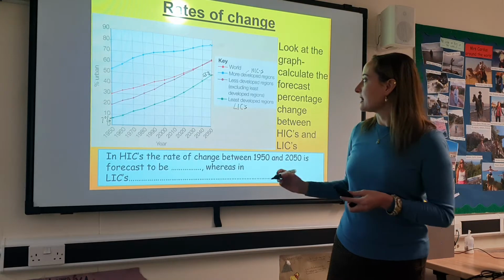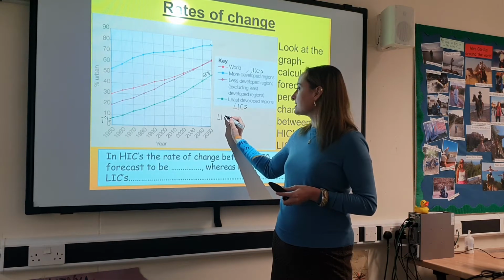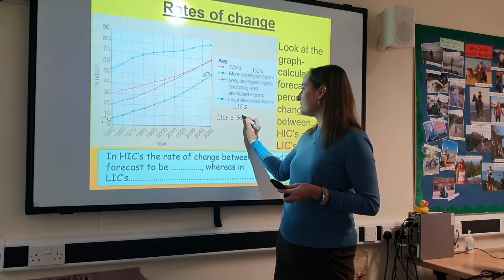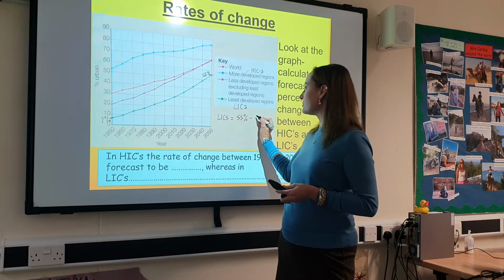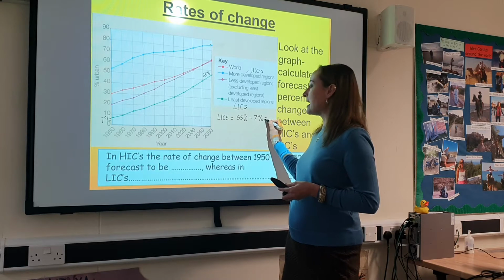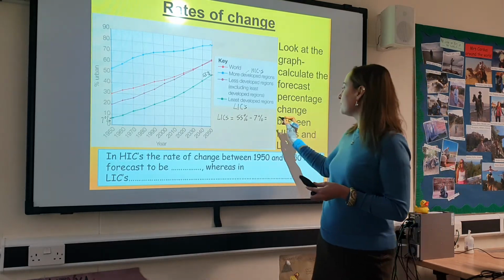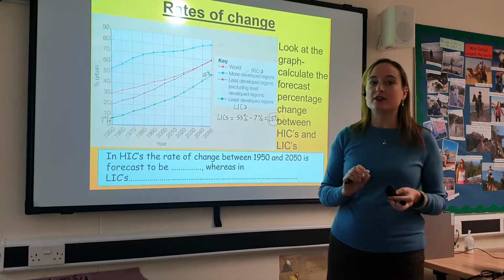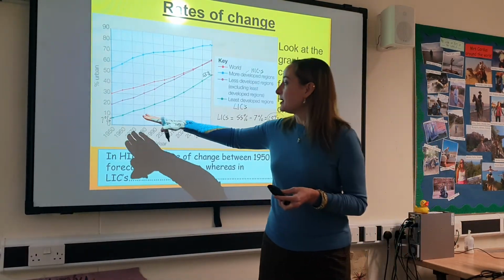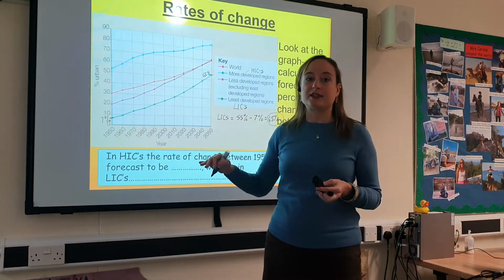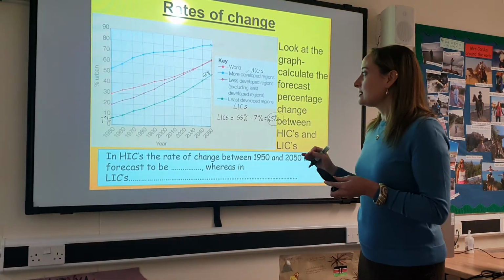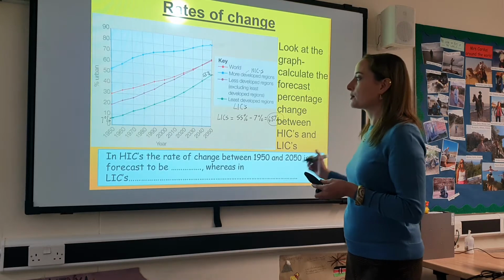So to figure that out, if I just put LICs here, and we say 55%, take away 7%, that should be equal to 48%. So in other words, over 100 years, there's been a 48% increase in the urban population on average in poorer countries.